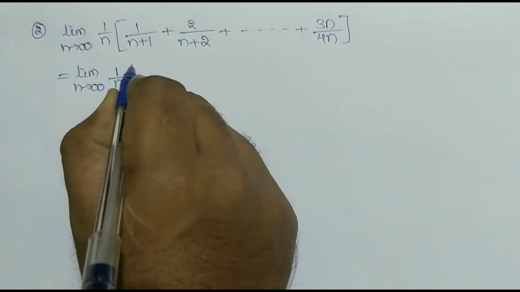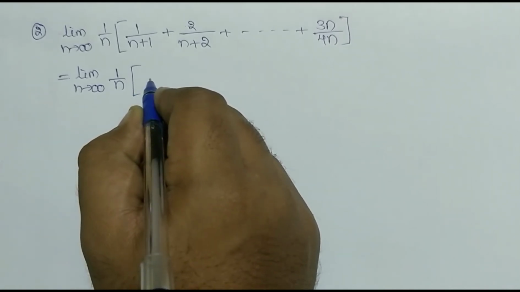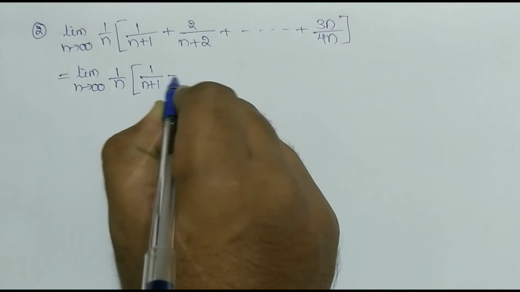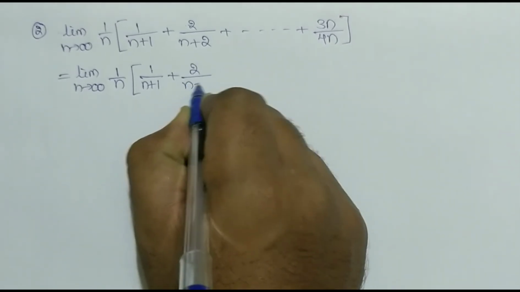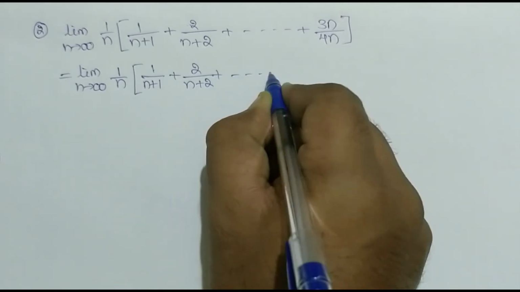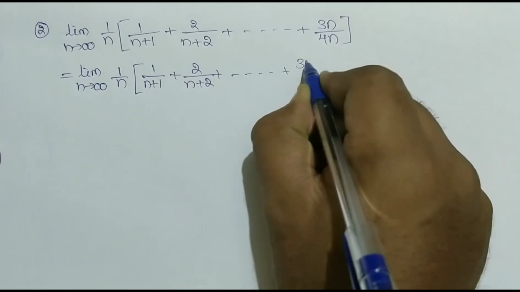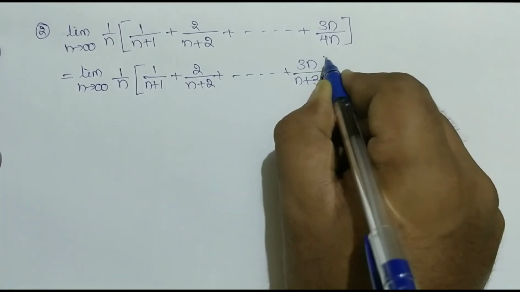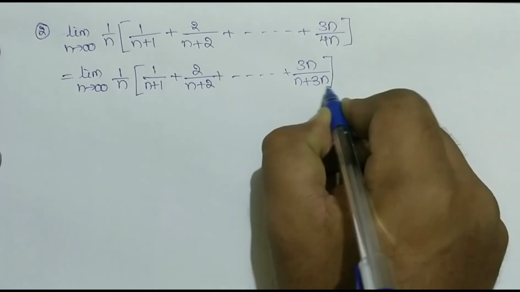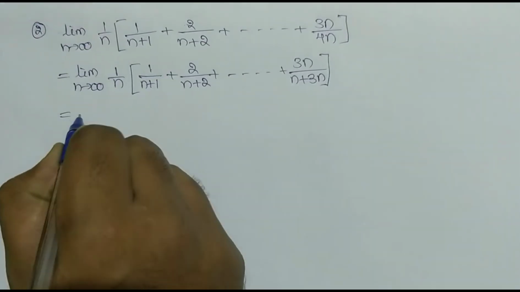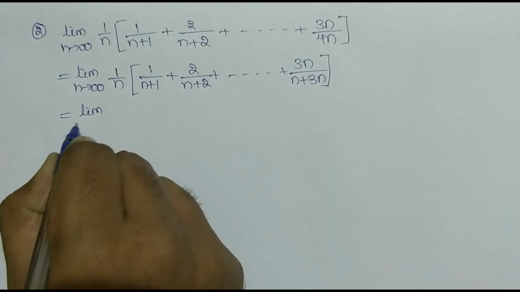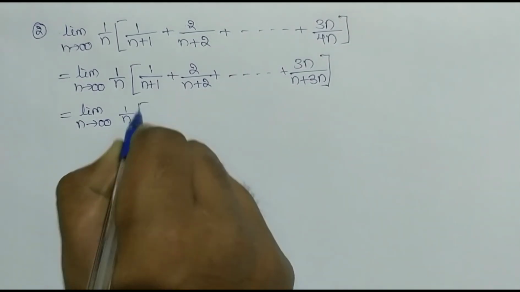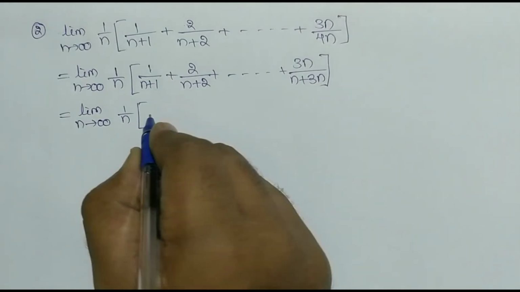We have 1 by n, but we need it in the form of r by n. Just write 1 by n plus 1, 2 by n plus 2, and so on, 3n upon n plus 3n. Now to convert into the form r by n, divide numerator and denominator by n.